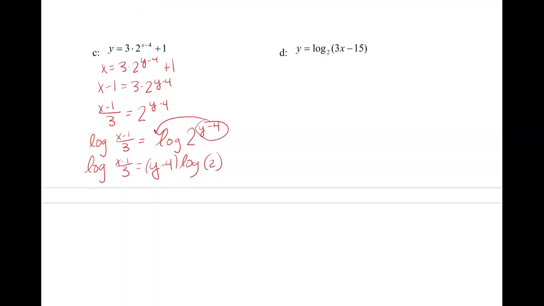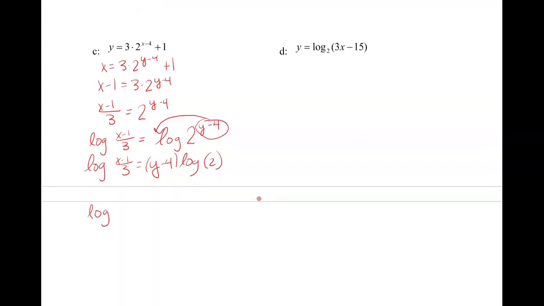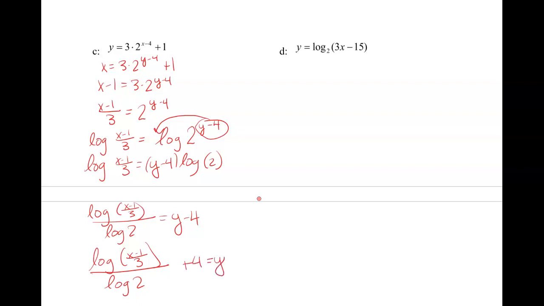Divide off that log of 2. I should get log of x minus 1 over 3, divide off that log of 2, is equal to y minus 4. And then add 4 over, I should get log of x minus 1 over 3 over log of 2 plus 4 is equal to y.